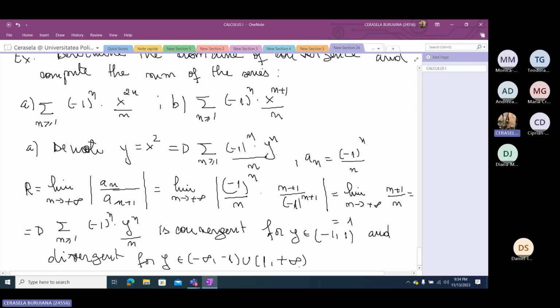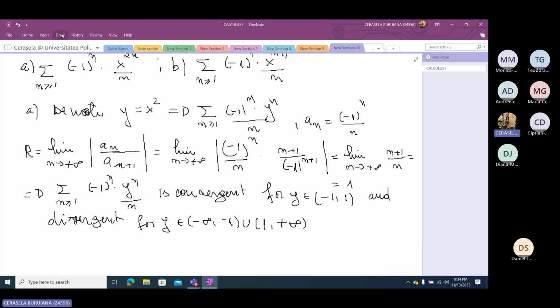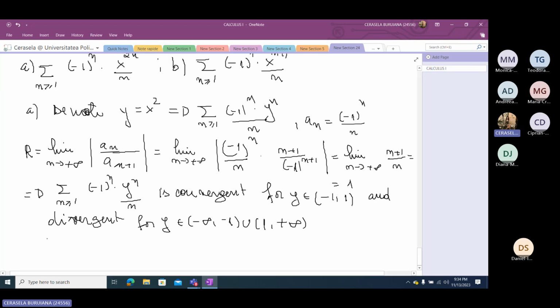Okay, now as we did in the previous exercise, we have to study the extremities. So I take y equals 1, and we get the series of general term -1 power n over n.